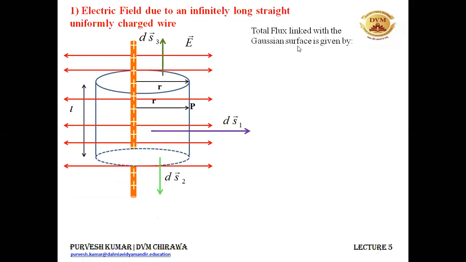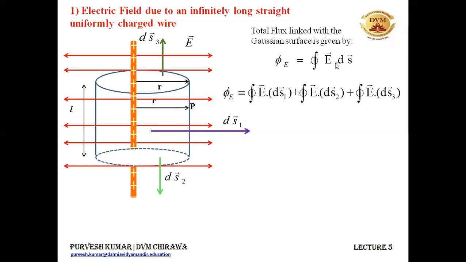Total flux linked by the Gaussian surface is given by phi e, that is equal to the integration of E dot ds. All right. And this ds can be split into three parts. Why so? Because there are three area vectors: one of the top surface, one of the bottom surface, and one of the curved surface area of the cylinder. So we can split this ds into three parts like this: the integration of E dot ds1 plus the integration of E dot ds2 plus the integration of E dot ds3.